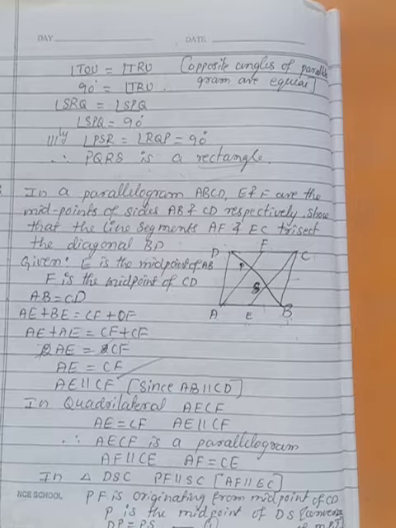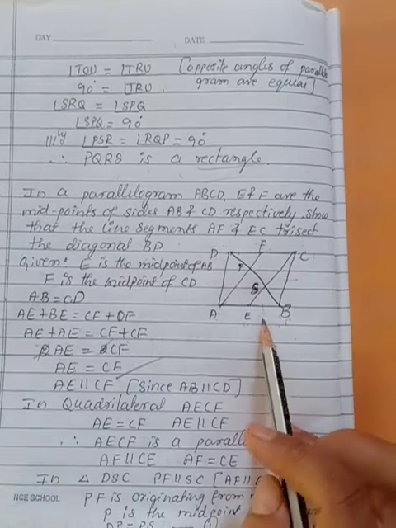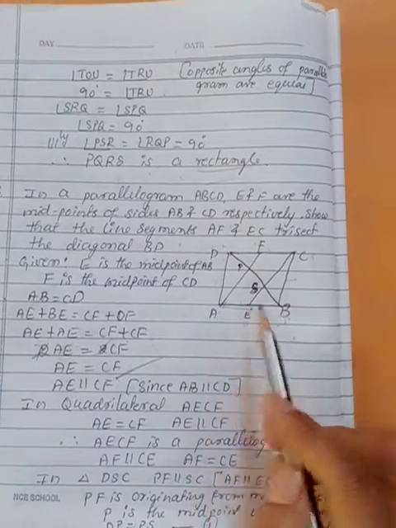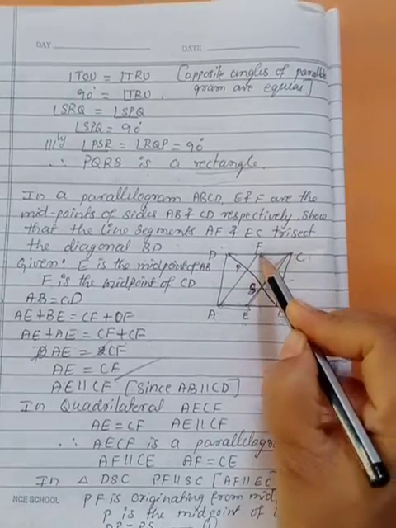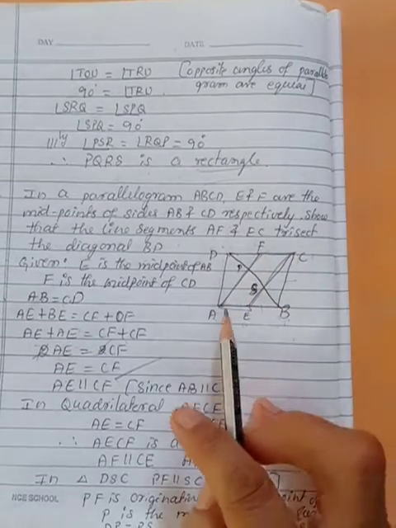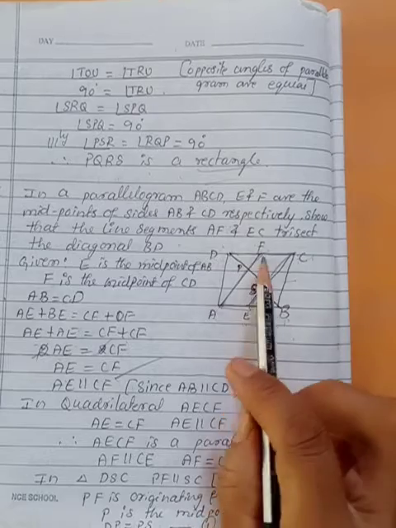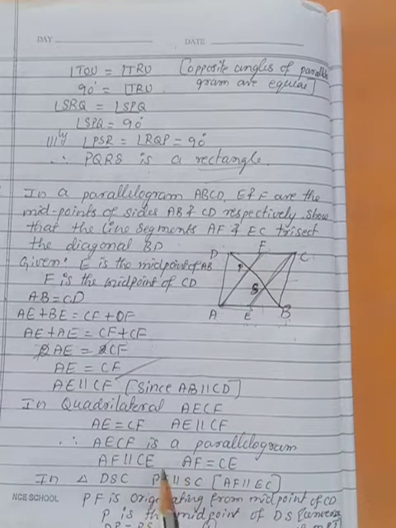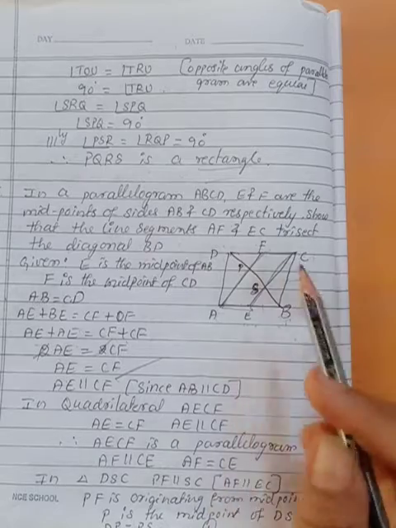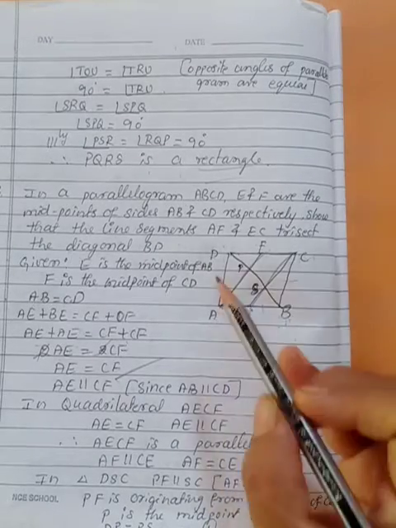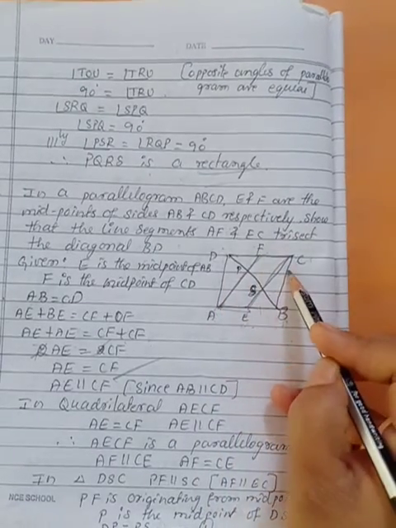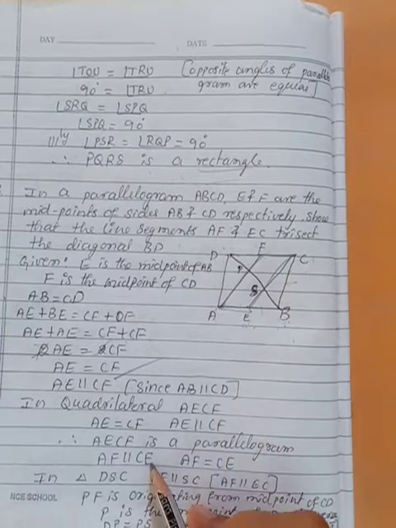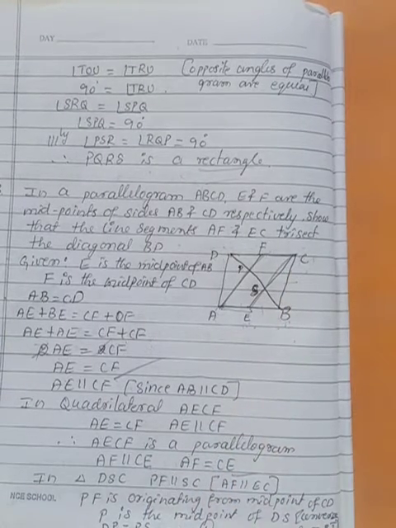Now, AE, CF we will take. Here already we got that AE is parallel to CF. One pair of parallel sides we got. That's why it is a parallelogram. By that, AF is also parallel to EC and they are equal sides also.